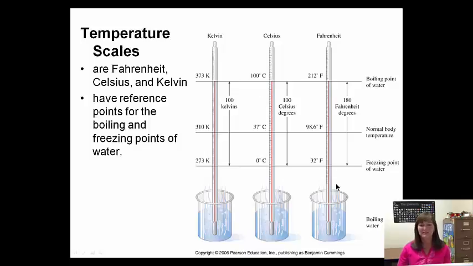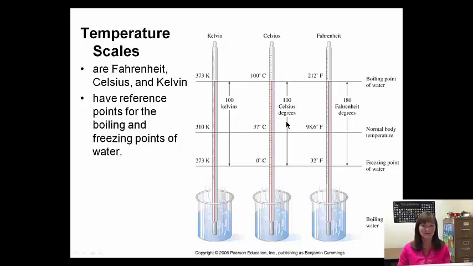Here in the United States, we're pretty familiar with the fact that in degrees Fahrenheit, water is going to freeze at 32 degrees Fahrenheit and boil at 212 degrees Fahrenheit. Going to the Kelvin temperature, water is going to freeze at 273 Kelvin and boil at 373 Kelvin. Notice the difference between freezing and boiling point in the Kelvin and Celsius scale. 100 minus 0 is going to be 100.